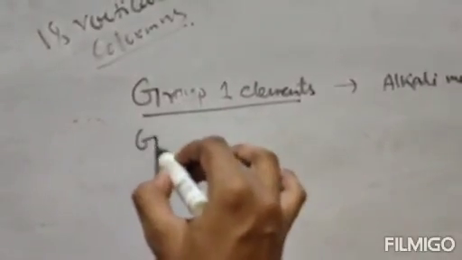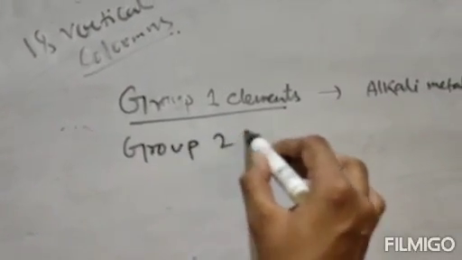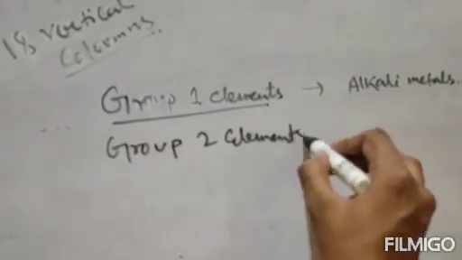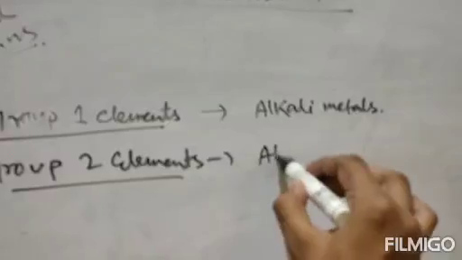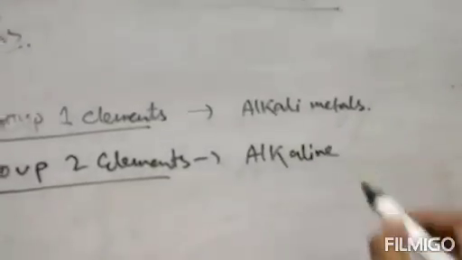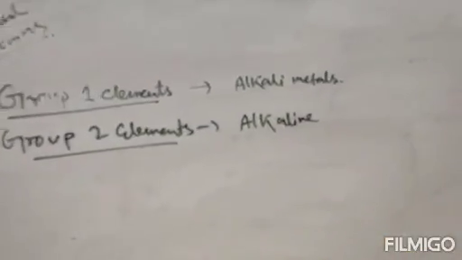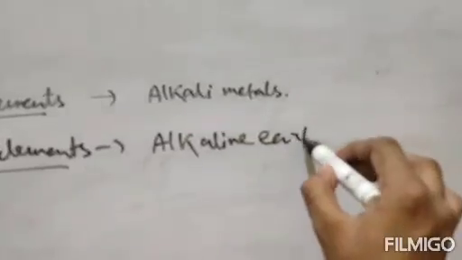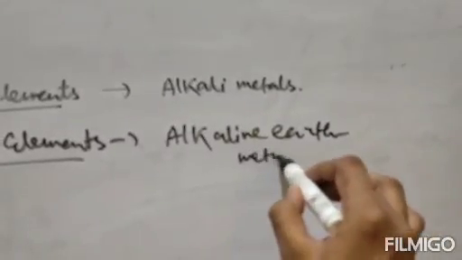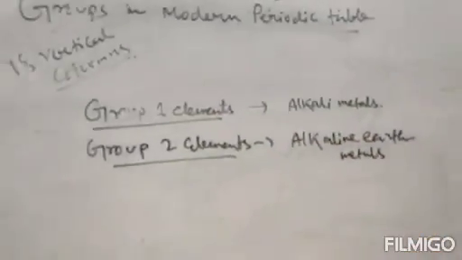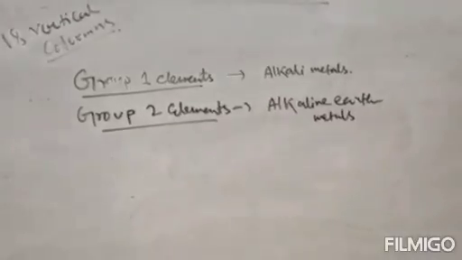Next, group 2 elements. Group 2 elements contain alkaline earth metals, or it is sometimes known as the alkaline earth group. Also, you can rename group 1 elements as the alkali group.